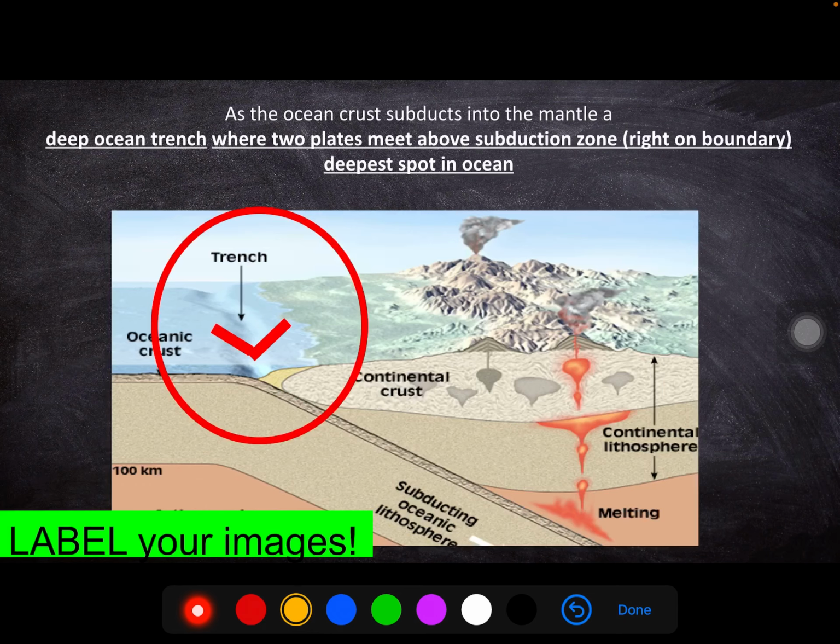Next feature here is the deep ocean trench. Again, the trench is created by the subduction zone. As this piece of crust is tilted and pulled down into the mantle, it drags along part of the continental crust with it. So we end up getting this V-shaped valley right on the plate boundary.